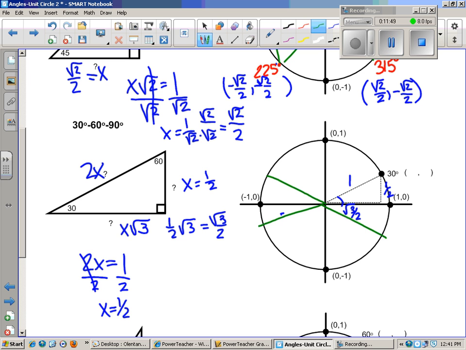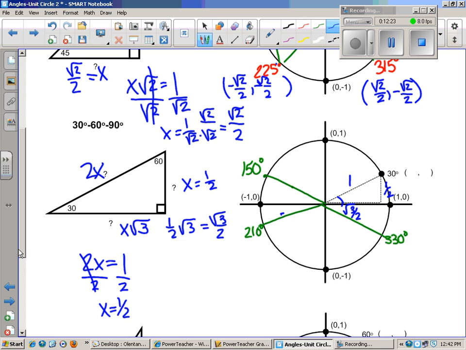And so if we're 30 short of 180, then what's this degree? 150. Okay, and if we're 30 more than 180, this is 210. And if we're 30 short of 360, this is 330. Are we all okay with that? Okay.